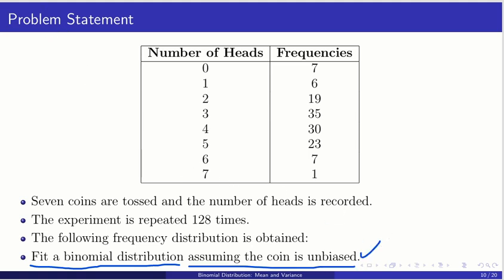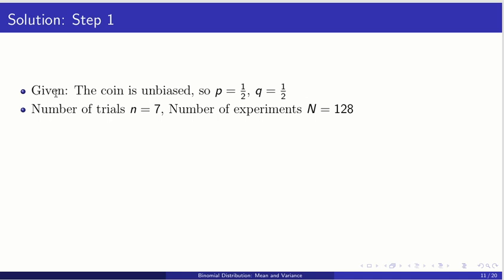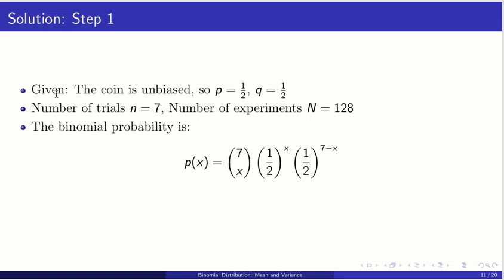Unbiased coin means the probability of getting head is 1 upon 2 and getting tail is also 1 upon 2. Number of trials is 7 and number of experiments is 128. So we have N as 7, P as half and Q as half. So the binomial probability we will have this one.